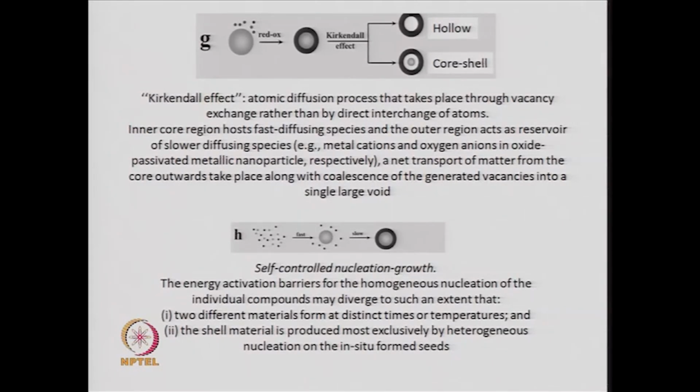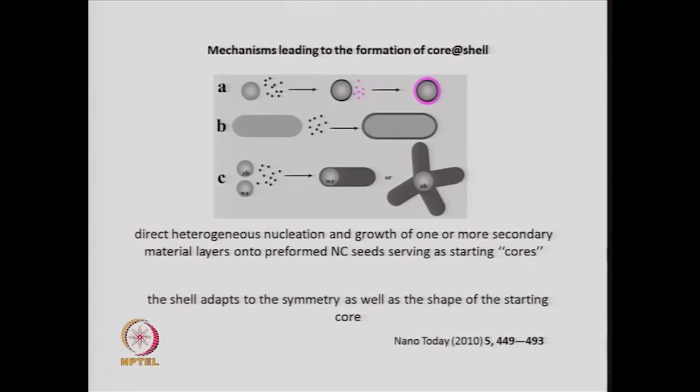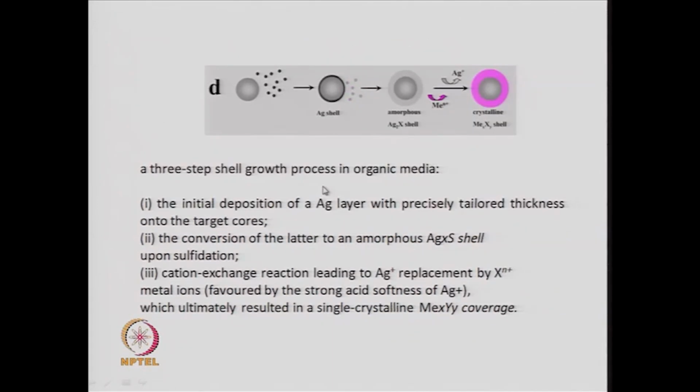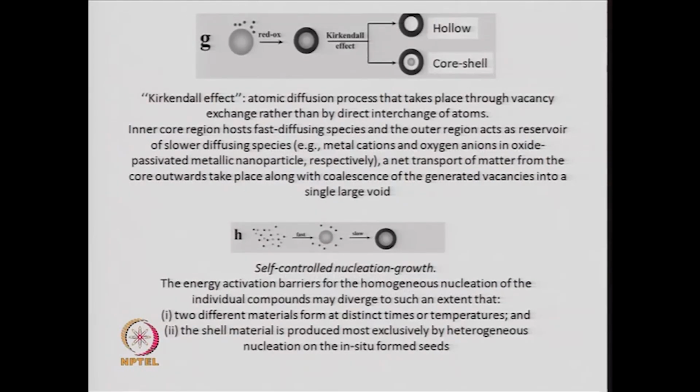So, as you see, there are already several methods forming core shell structures: from seeds using heterogeneous nucleation and growth mechanism, then a 3-step shell growth mechanism, then controlled hydrolysis and condensation reaction, sacrificial conversion of the outermost layer of the core, then the Kirkendall effect giving you movement of matter from the inside towards the outside, leading to vacancy coalescence and ultimately to this hollow core shell structure.